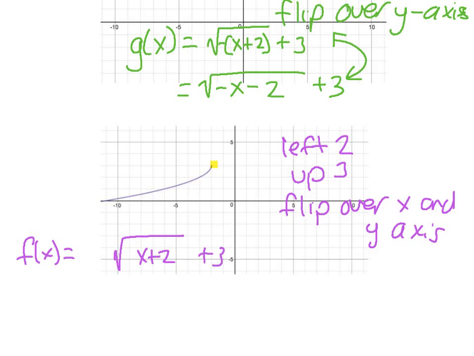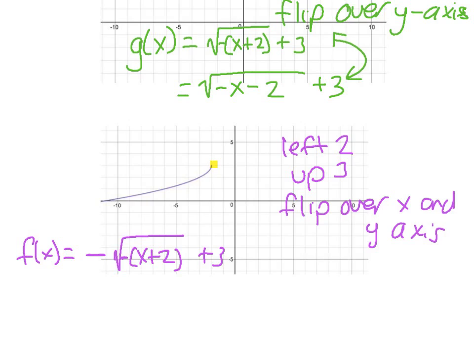Now to show the flip over the x-axis, I'm going to put a negative sign on the outside of the function. And then to show the flip over the y-axis, I'm going to put a negative on the inside of the square root and put the x plus 2 in parentheses.